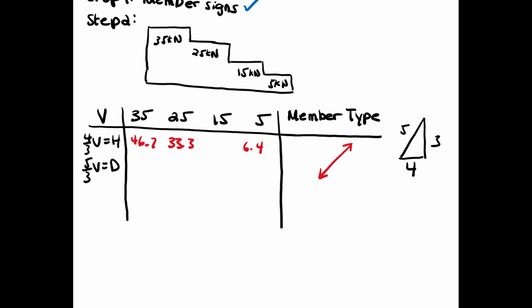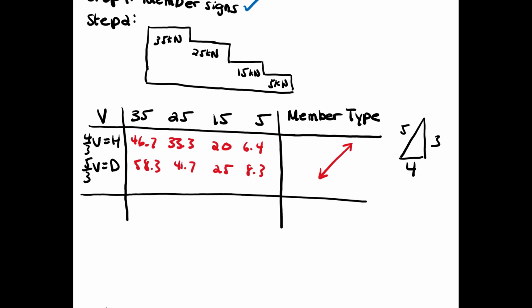I think I made a mistake. Sorry, this should be 20. And this is 58.3. This is 41.7, 25, and 8.3.